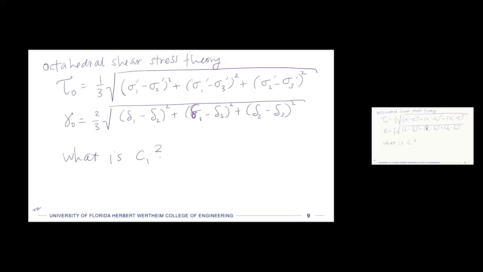We're going to use these two to find that, because we can apply the same situation to this octahedral shear stress and then use our plasticity Hooke's laws. Then we can equate them to come up with an expression for C sub I in terms of our strain hardening.